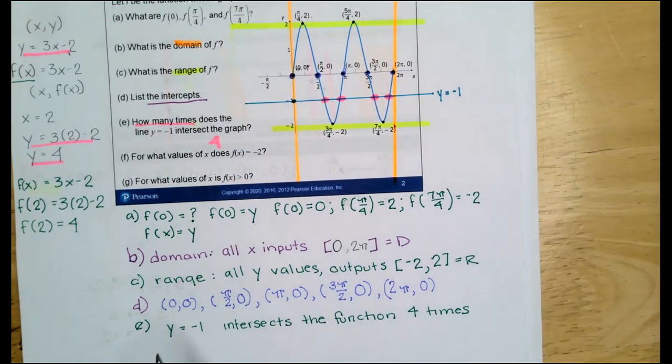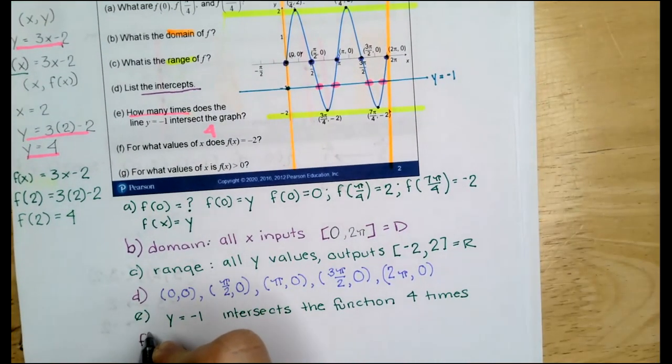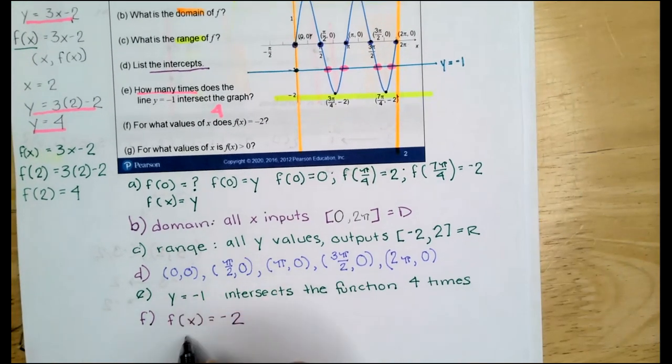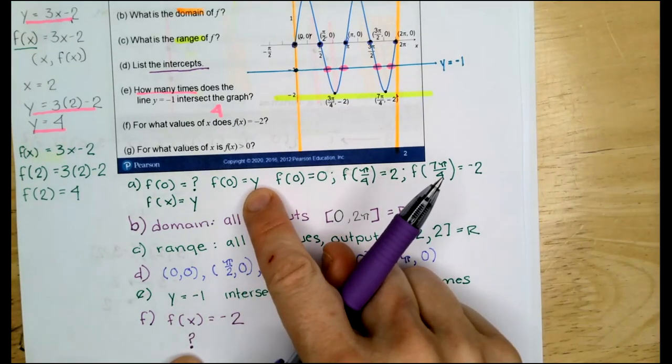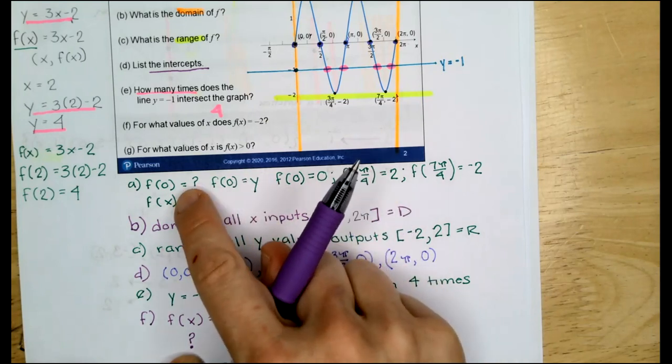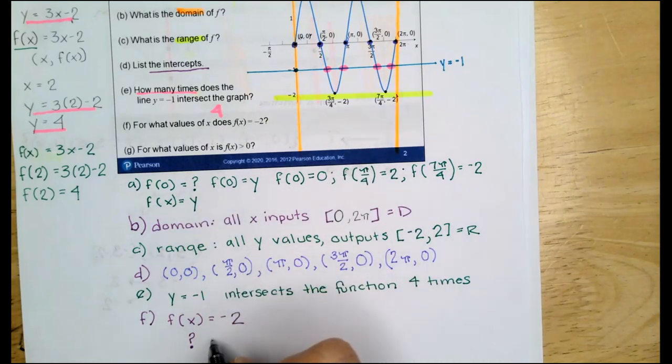In this case, f of x equals negative 2. I don't know my x. Here, I didn't know my y, right? Here, I don't know my x, but I do know my y. So that point is going to be, I don't know, negative 2. Or you can call it y, or sorry, x.